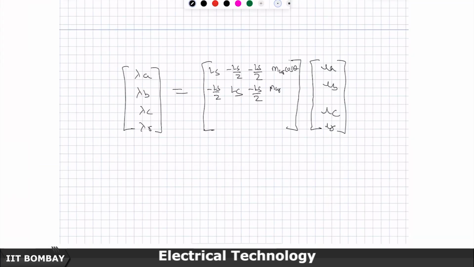And then, the rotor creates flux linkage with respect to the A phase winding given by MAR cos theta. The same thing will be seen by the B phase when the rotor is rotating, but because the B phase is encountered 2 pi by 3 angle later, this will be phase shifted: MAR cos of theta minus 2 pi by 3.